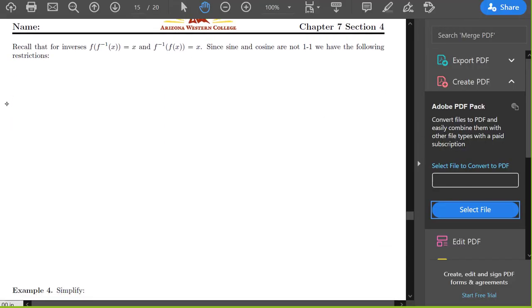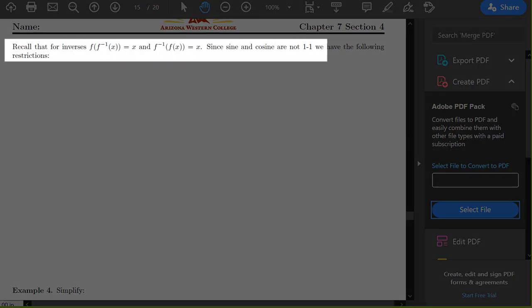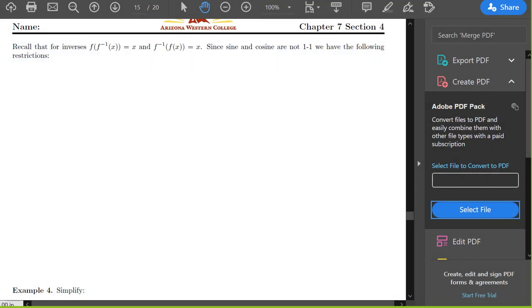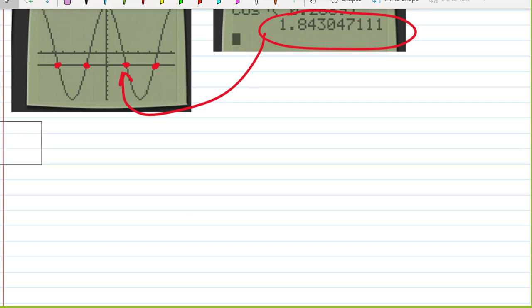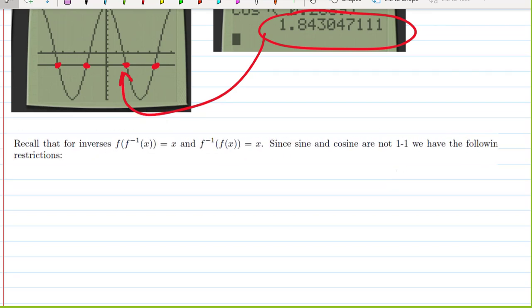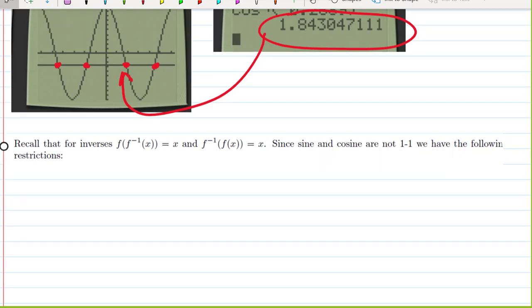So, if we recall that for inverses we have the following. If a function is truly invertible, then f of f inverse of x equals x, and f inverse of f of x equals x. But since sine and cosine are not one-to-one, we have the following restrictions.